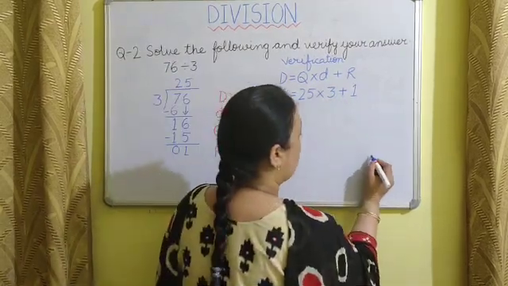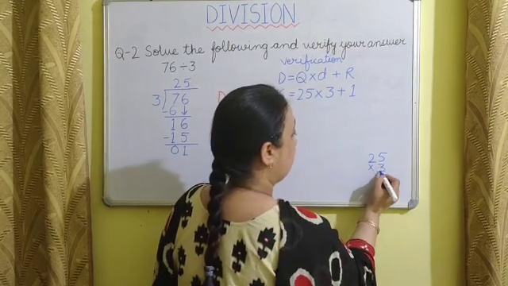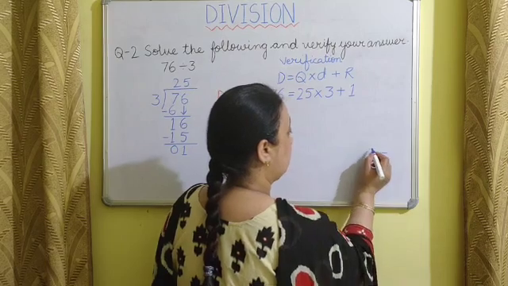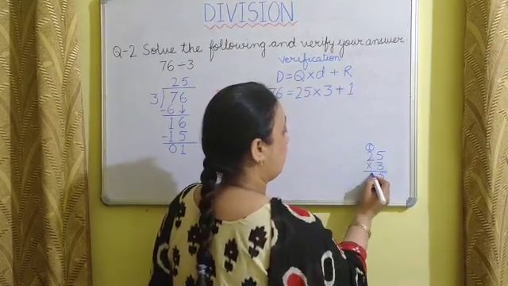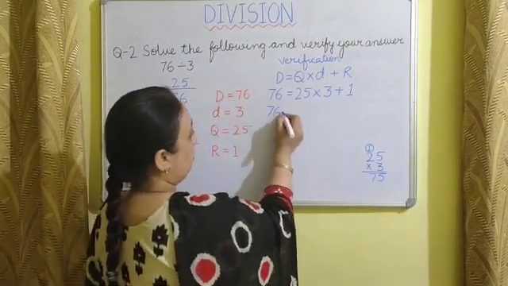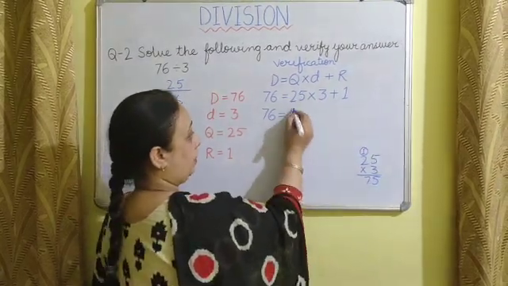Then we have to do the calculation. 25 multiplied by 3. 3 5s are 15. 1 carry here. 3 2s are 6 plus 1 is 7. So we have 76 is equal to, on multiplying these two, we get 75.